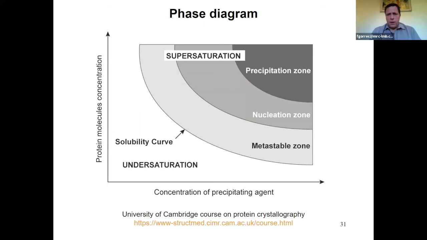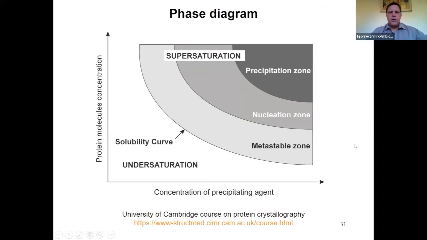And you have the nucleation zone, where we are in quite highly saturated environments, and that's where the protein usually will preferably nucleate. And the metastable zone is an interesting one because that's where the protein usually prefers to grow.